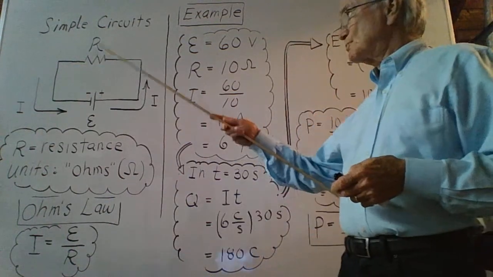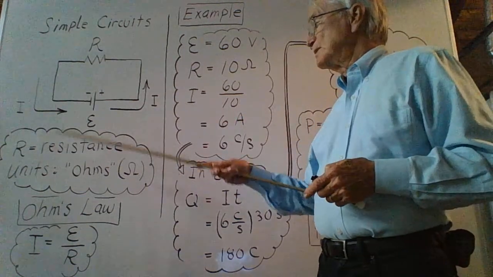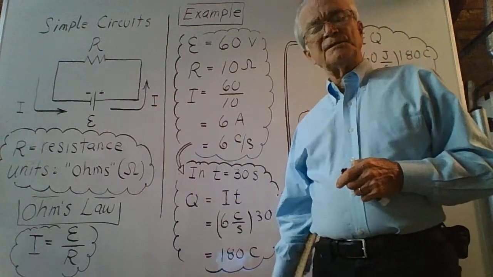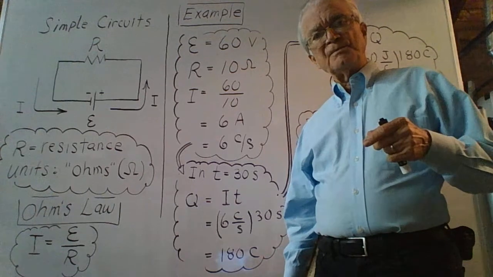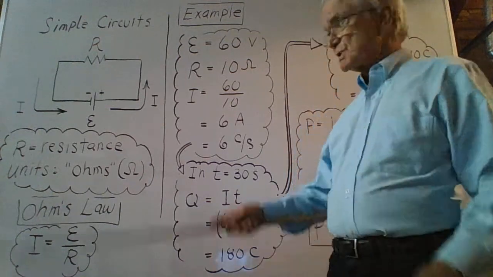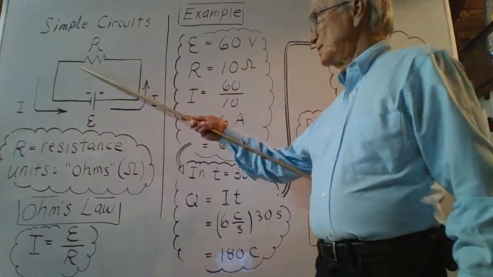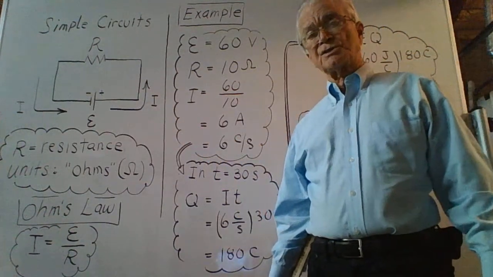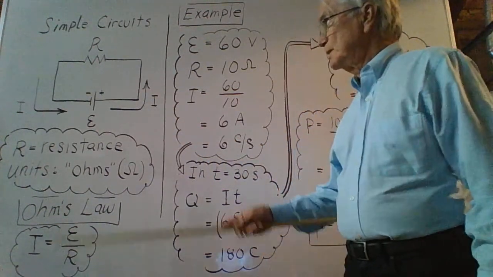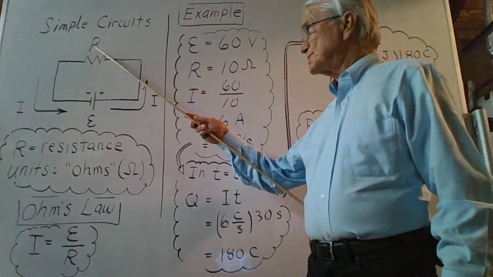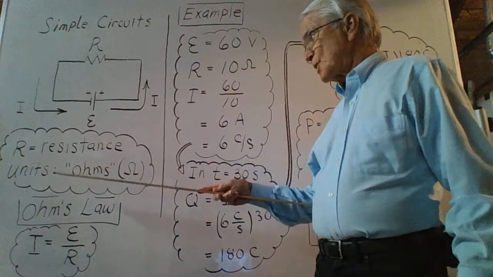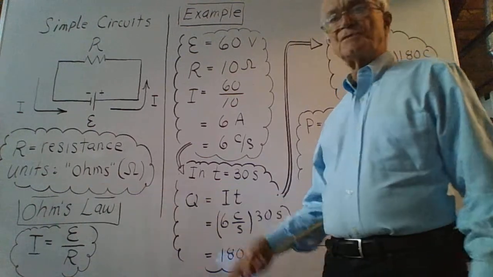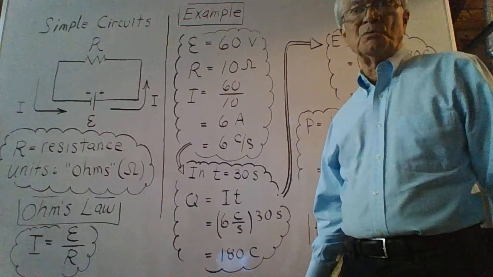The symbol for a resistor is R. The symbol in a diagram of a circuit for a resistor is that sawtooth symbol. You'll recall the straight lines are just the connecting wires in this circuit. The units of resistance are ohms, named after George Ohm.